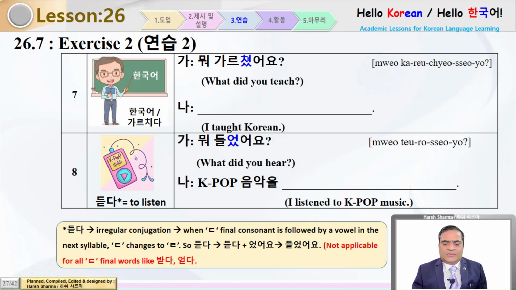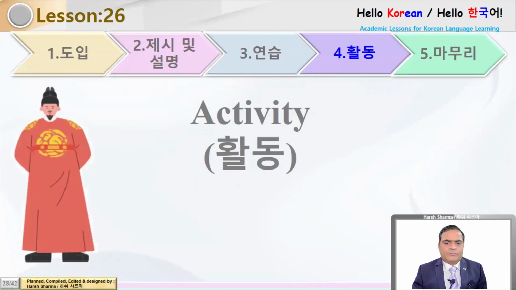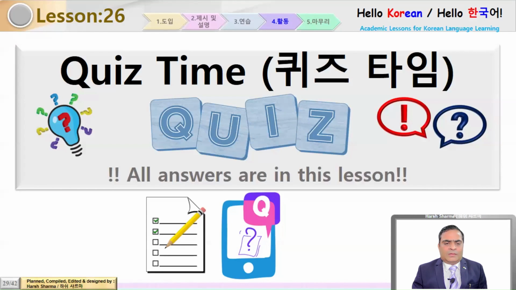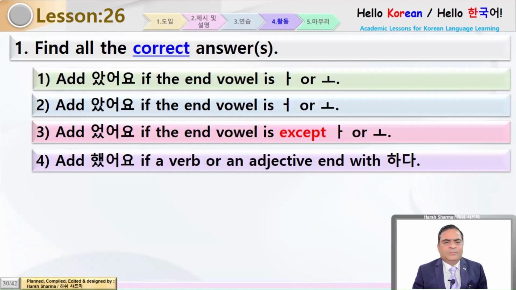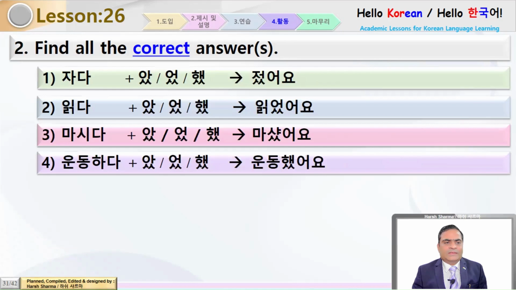Okay, now exercise 2 is also completed. Let's move to the activity. And our quiz time is starting now. First is here. Pause the screen. Find out all the correct answers. There are 4 options. You have to find out all the correct answers. Next is number 2.